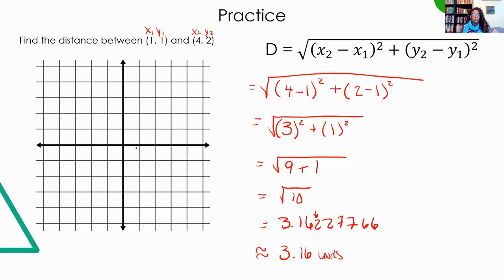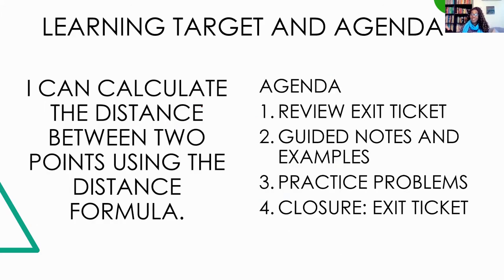Okay, so if you wanted to graph it, you got 1, 1. We got 1, 2, 3, 4, 2. So the length, the distance of those 2 points is 3.16 of whatever my unit is. Okay, so that's it. So you should be able to say to yourself, hey, I can calculate the distance between 2 points using the distance formula.